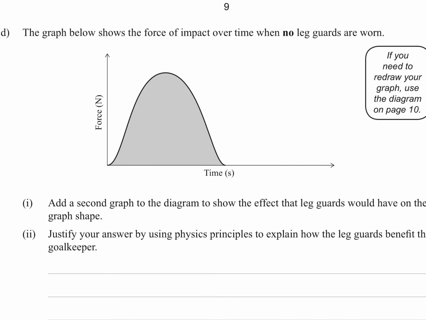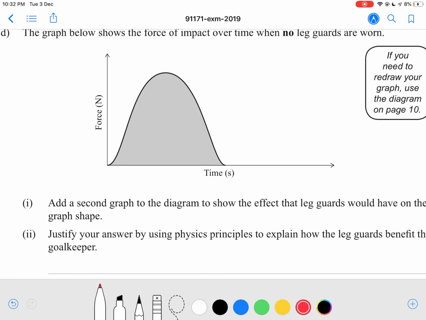So our total force required is actually the exact same. The force is basically this area. So this total force is going to be the same, but it's going to be spread over a larger time, because our contact time increases with leg guards.